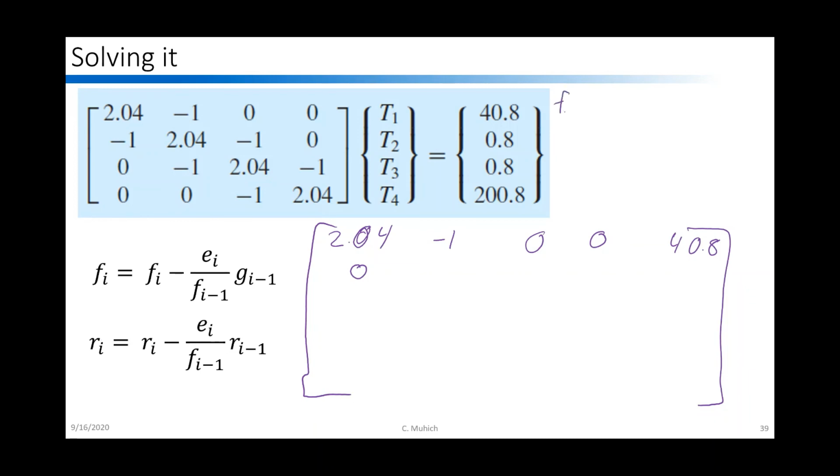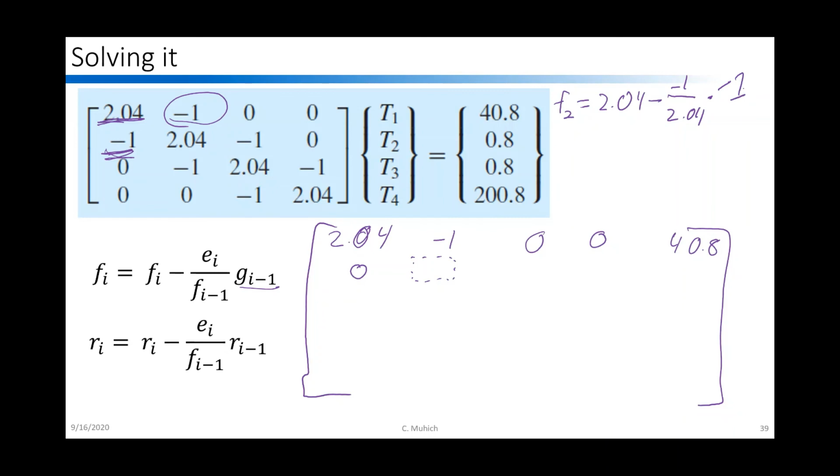So we can do our math for f of 2, so we're going to solve for this spot first. F of 2 is the original f of 2, which was 2.04, minus e, so in that same row, that's minus 1 over f of i minus 1, in this case 2.04, times g of i minus 1, that's times negative 1.